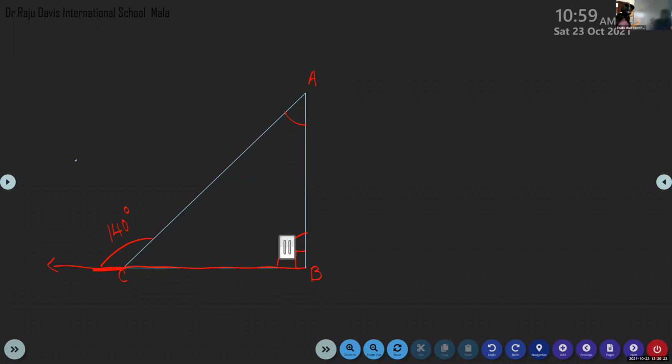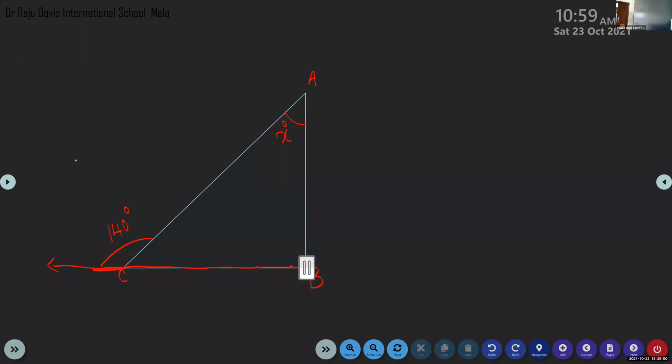So in the question, it will not be given. You have to identify that it is 90 degree. Clear? So the question will be like this. This is the side which we have extended. If a question is coming like this, what will you do? See the figure. From the figure, you have to identify that it is a right angle triangle.